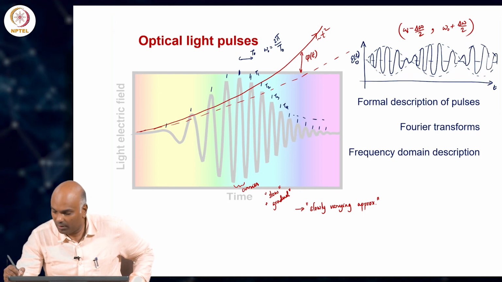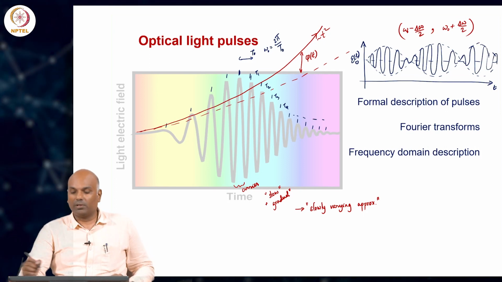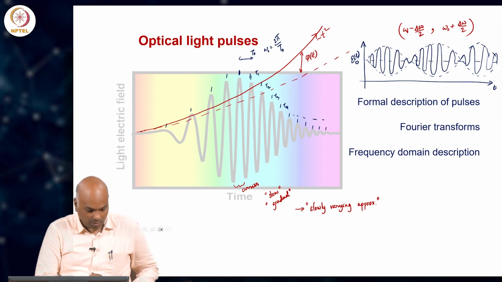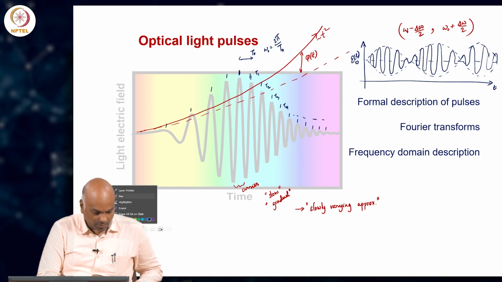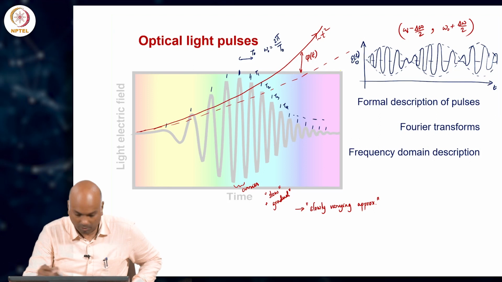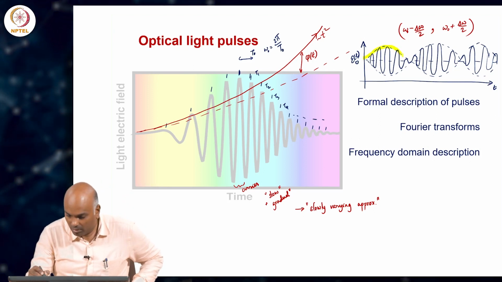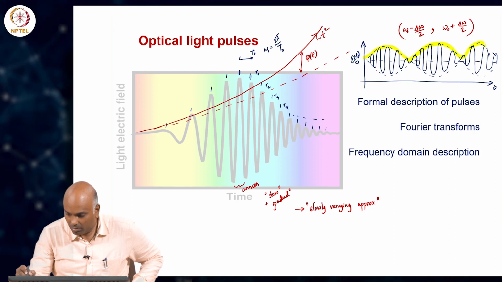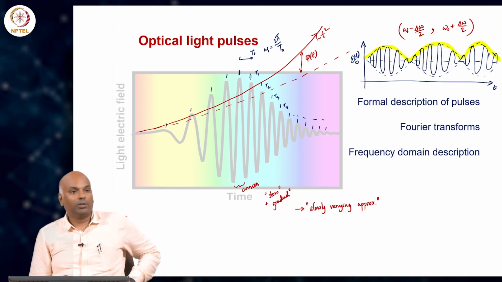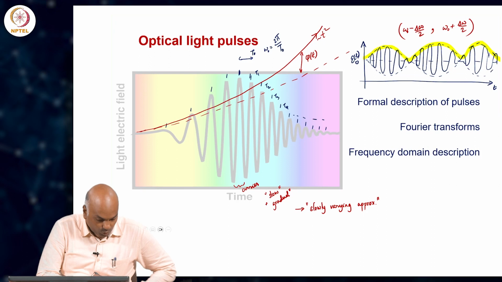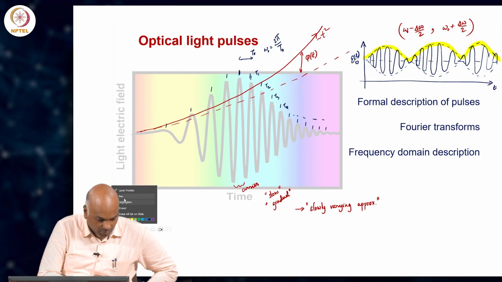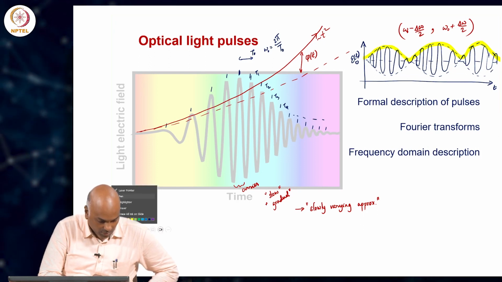A lot of notions go back to this. That is why I want to peg ourselves back to this. This is the envelope function. Alright, now we have two periodicities in time over here, is not it?